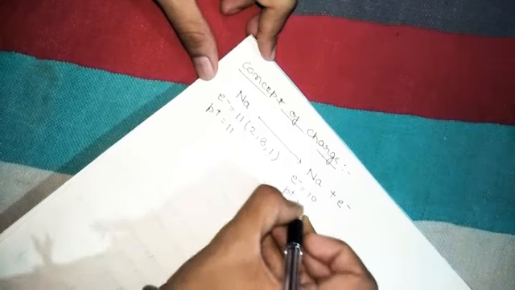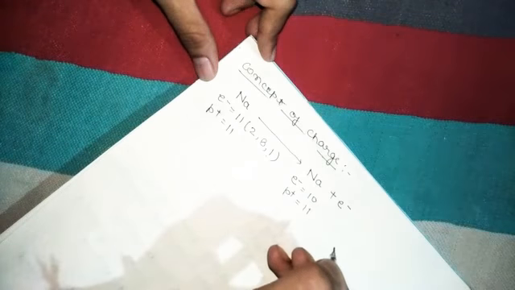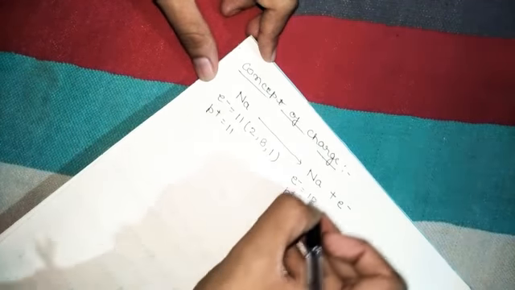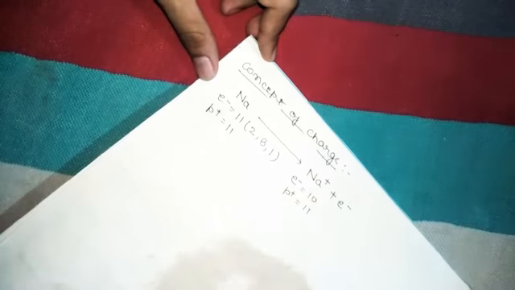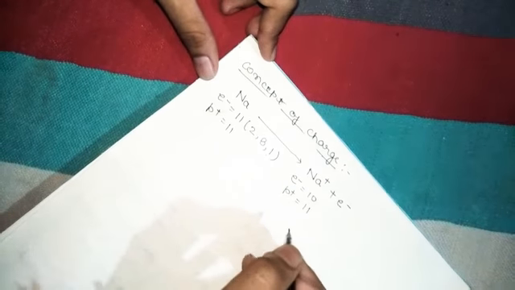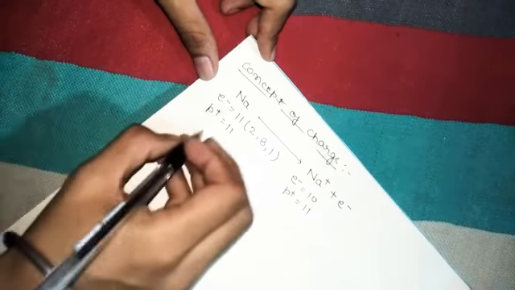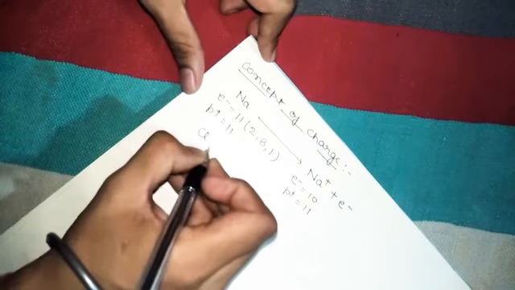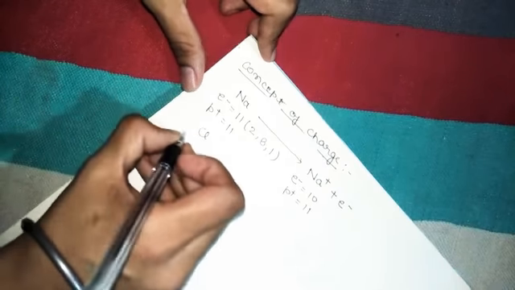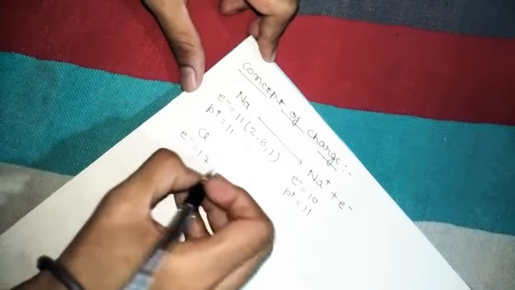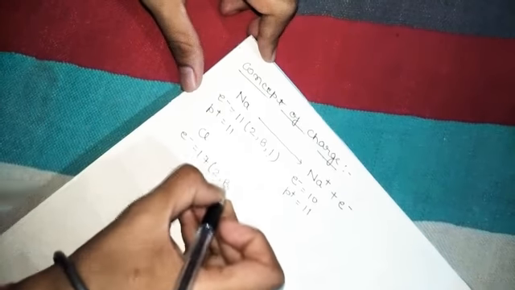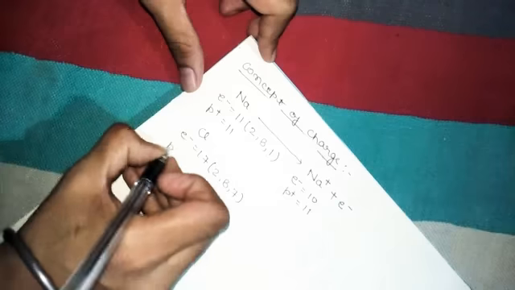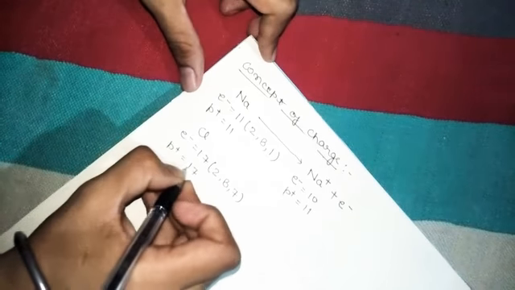And what about the protons? It has 11 protons. So here, due to excess of protons, or excess of positive charge, there would be Na plus. Similarly, we are taking Cl. You know what Cl is? That is chlorine. It has 17 electrons, the electronic configuration is 2, 8, 7, and the protons are 17.